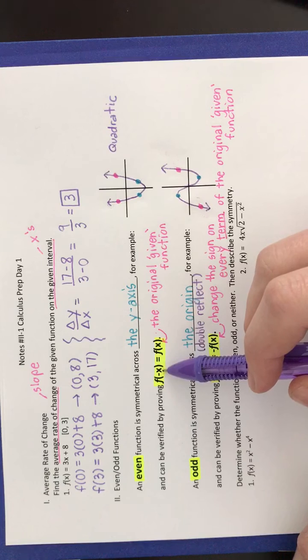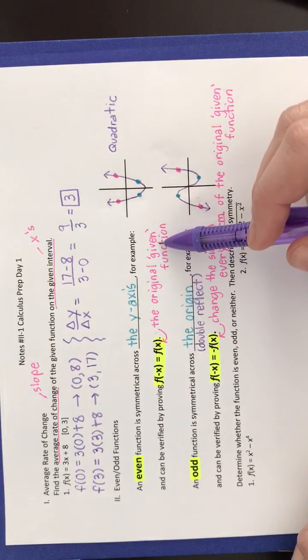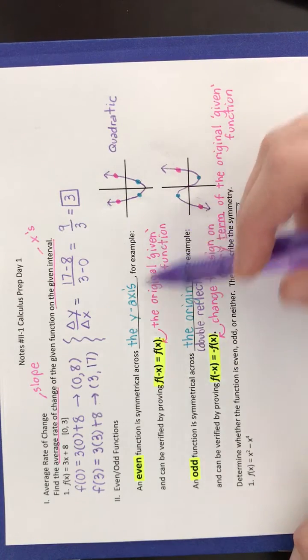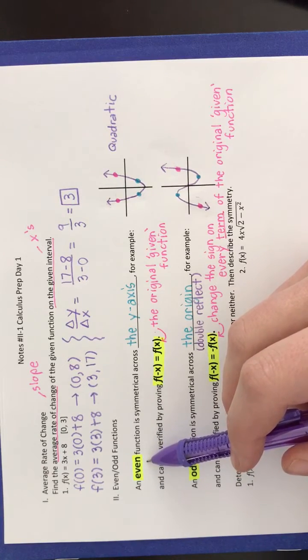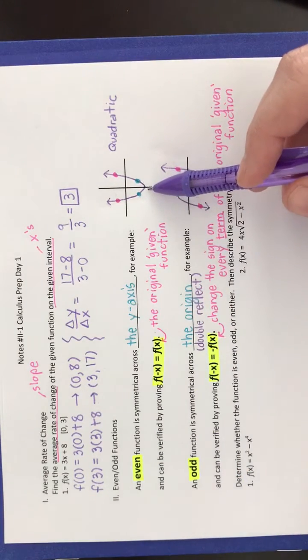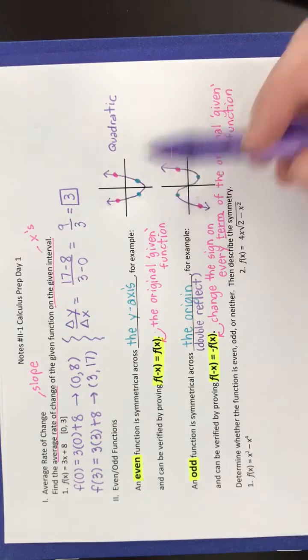So this means if you plug in negative x everywhere you see x, if your output is the original given function, then that function is an even function. And when graphed, it should be symmetrical about the y-axis.